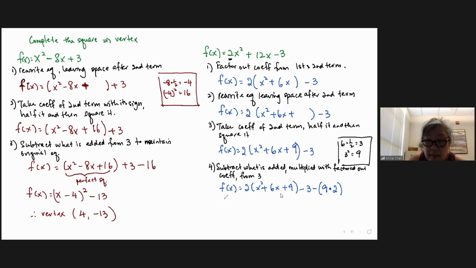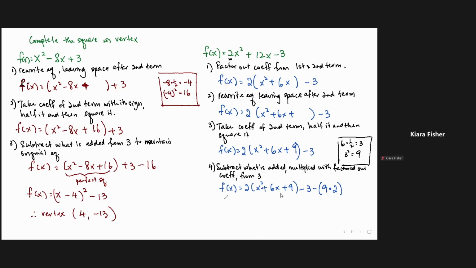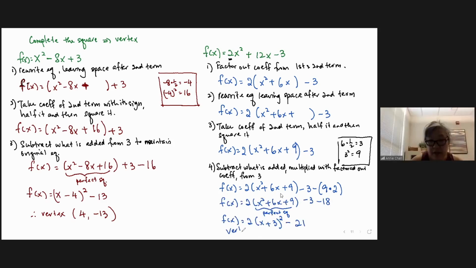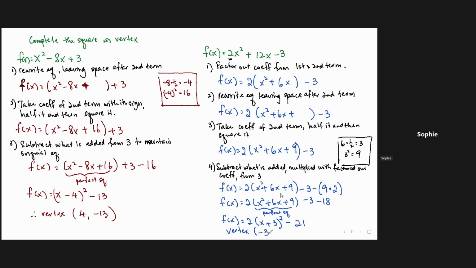So f of x is equal to 2 times x plus 3, the whole thing squared, minus 21. And that's your answer. So what's your vertex? -3.